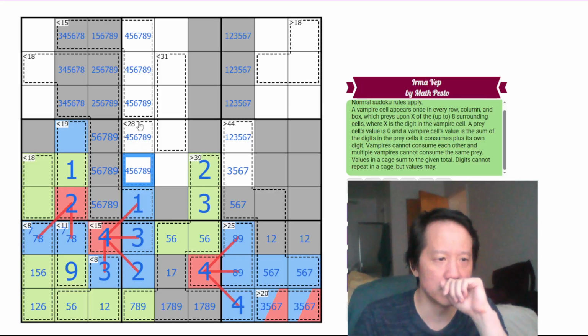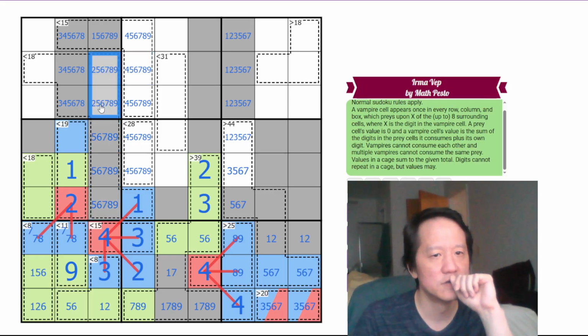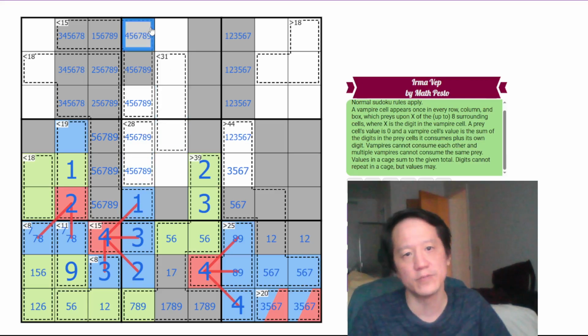Okay, so if you have... Oh, this can only vampire that. So that would be 4 digits, which doesn't work. This can only vampire these 2. So that would be 3 digits already. So one of these 3 is a vampire. This cannot be a vampire here.